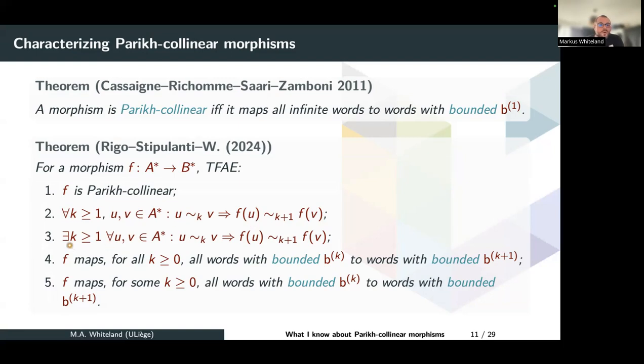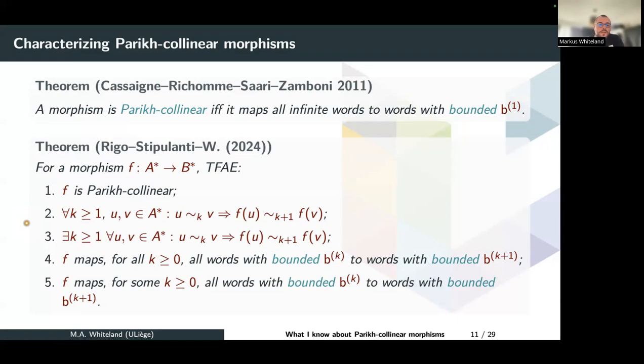And the same holds if there just exists some k for which the same property holds. And the last two are closer to the above theorem.